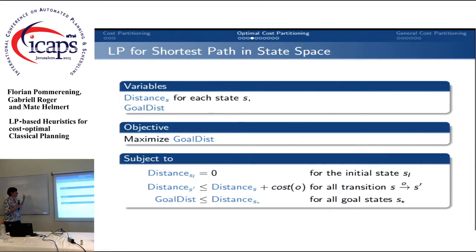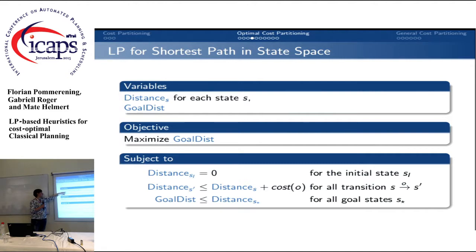So for the moment, just consider a standard state space without copy, abstraction, cost partitioning, anything. We are given a state space, and we can compute the optimal goal distance with this linear program. We have variables. First one for the value we really want to compute, the goal distance.